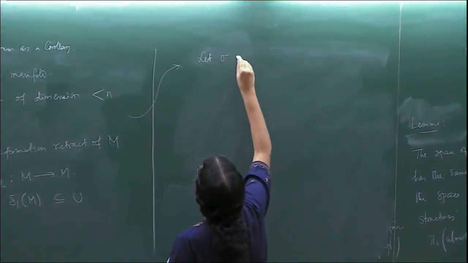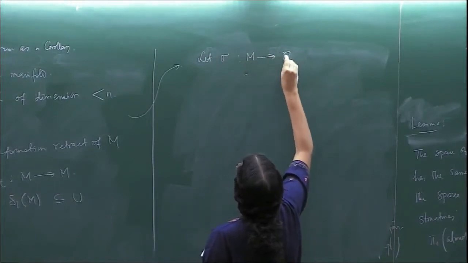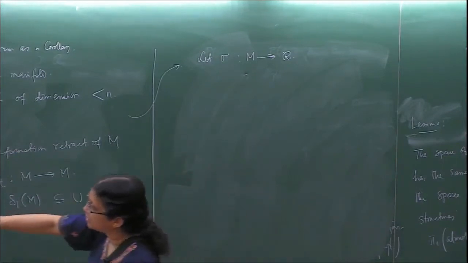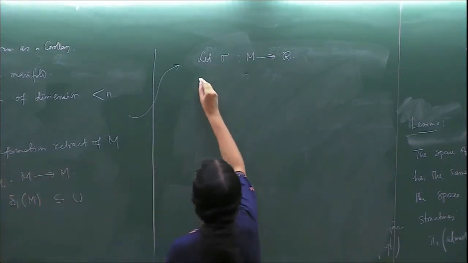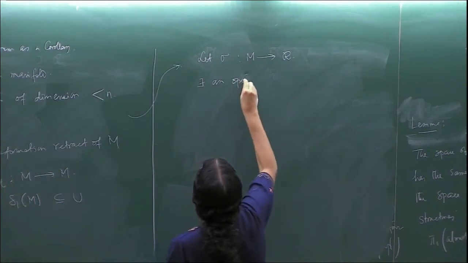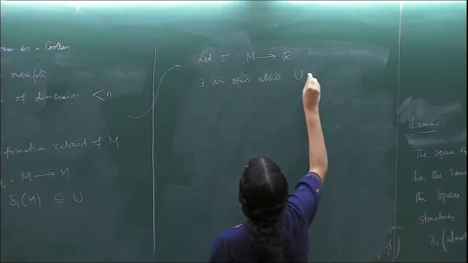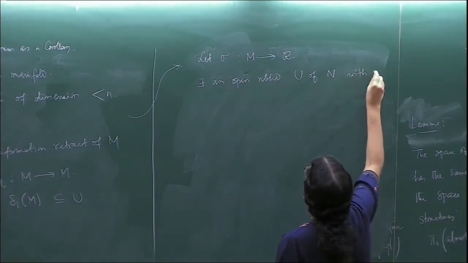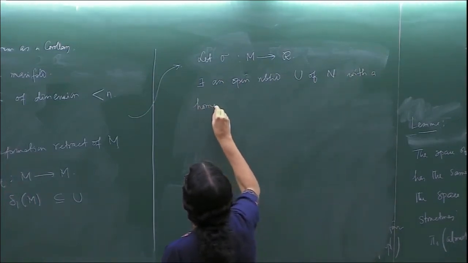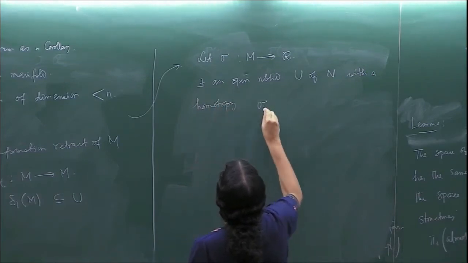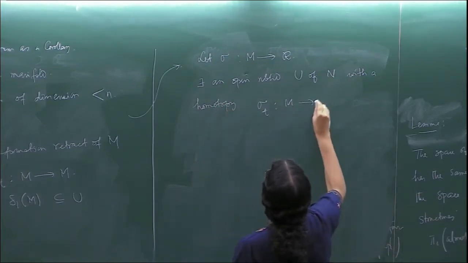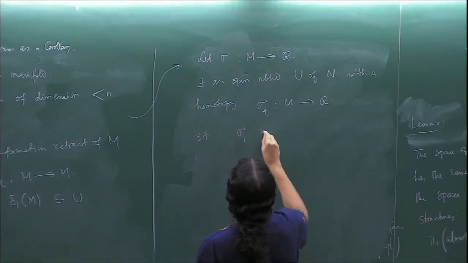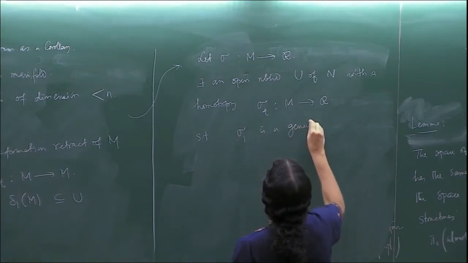So we start with sigma, which is a section of R. And by this theorem, there exists an open neighborhood U of N with a homotopy sigma t such that sigma 1 is a genuine solution.